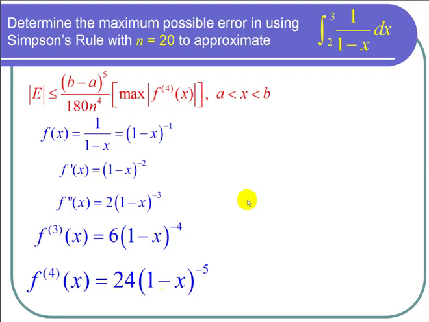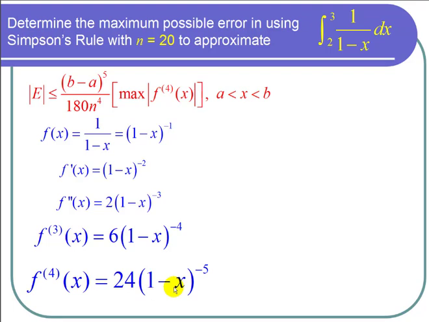Now we need to find out what the maximum possible value is in between 2 and 3. So note that (1 minus x) to the negative fifth means that we're going down in a denominator. We're taking absolute values. So 1 minus 2 is negative 1. And then if we're bigger than 2, then we're going to be smaller than negative 1, closer to, say, negative 2, and that's going to make this denominator larger.